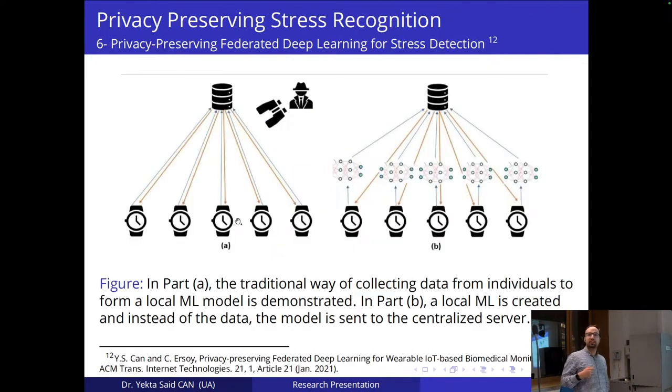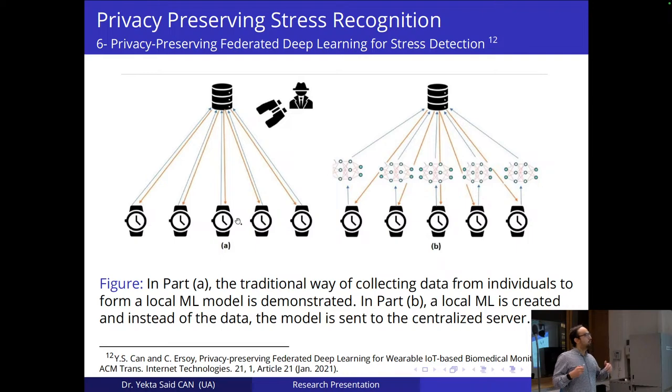Since we are dealing with human biosignals, privacy is also important here. In a traditional way, data is generally collected in local devices, then this data is transferred to the servers. But during this transfer, the privacy of the data is not preserved.